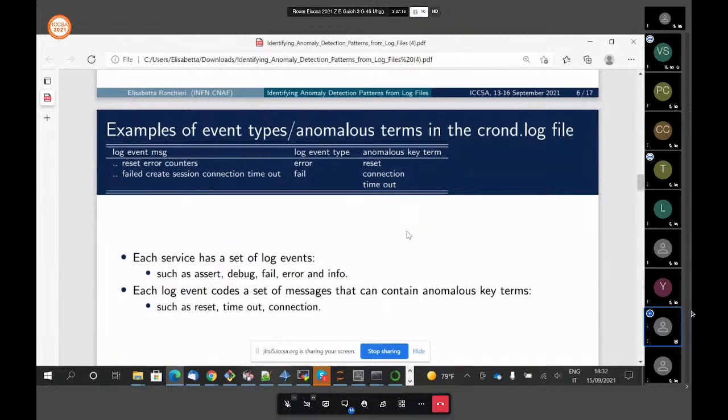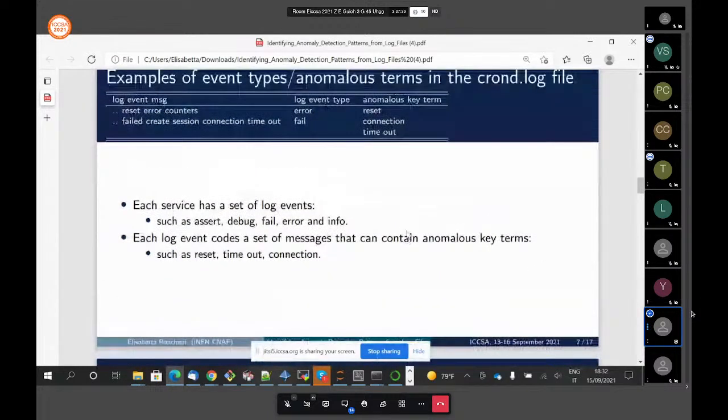So here, for example, the log event is error, and the anomalous key term is reset. Another log event is fail, with the key terms that in this case are true, connection, and timeout.